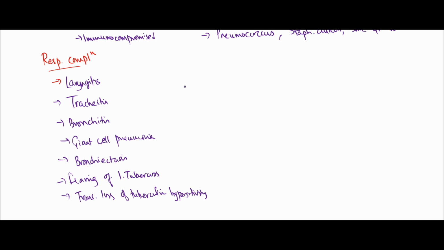Transient loss of tuberculin hypersensitivity. Now we go on to talk about GI complications. So what are the GI complications? The GI complications include persistent diarrhea.